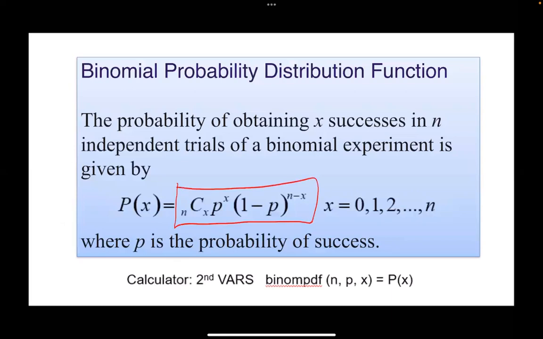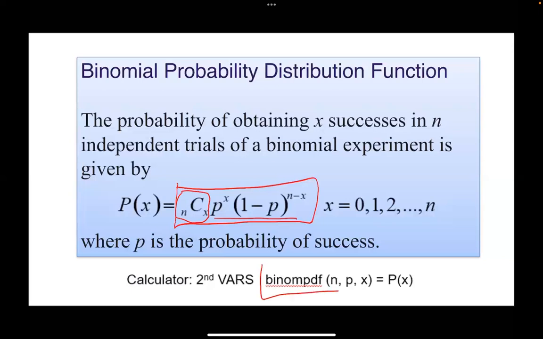And we're not going to go into how to use this formula. This is combinatorics. It is basically counting rules. This tells you how many different ways you can have a certain outcome, and this would be the probabilities, but we're not going to do this. So don't worry about that.